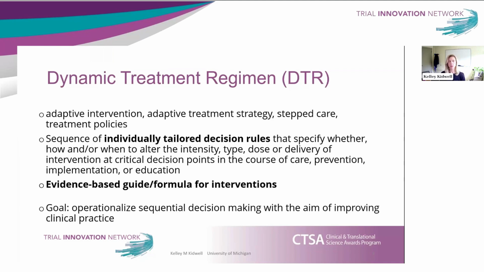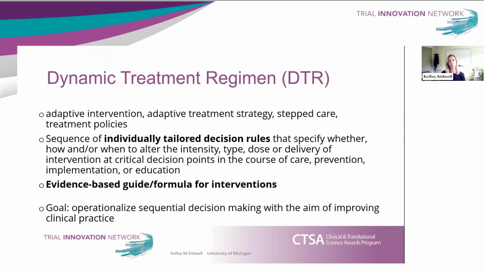But today I'm going to focus mostly on clinical care. So this fancy terminology of dynamic treatment regimen, or DTR as I'm going to keep referring to it, is just an evidence-based guideline or formula for the intervention that we want to give the clinician at the beginning of care, so that they have this strategy in mind when treating a patient.